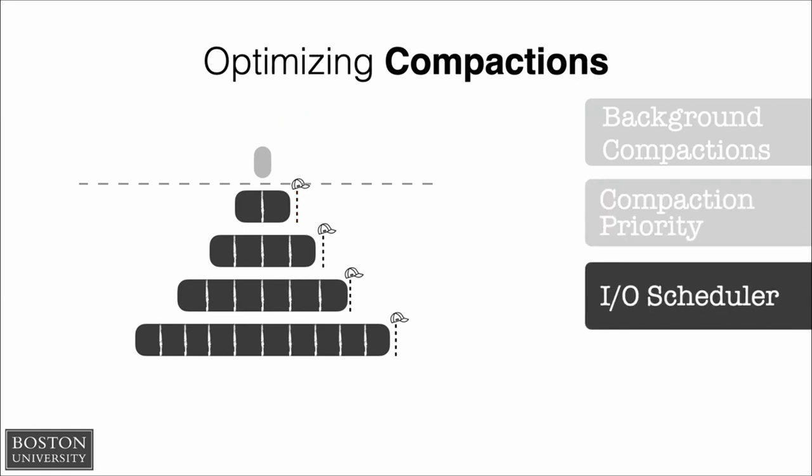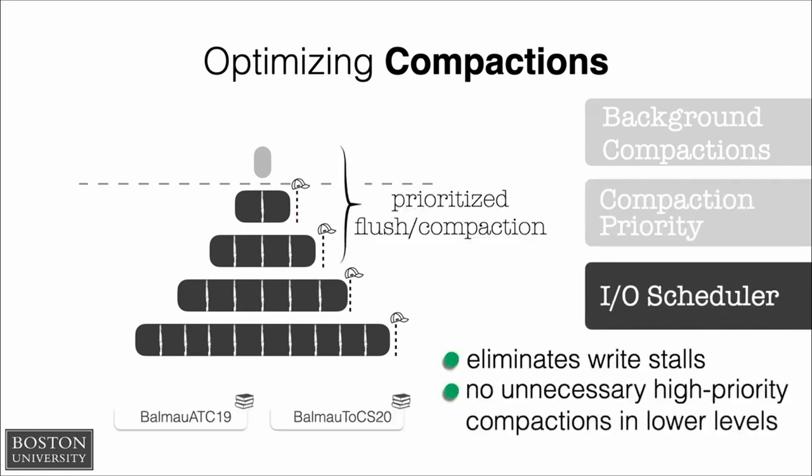And third, we have an IO scheduler. This work was proposed by Balmau et al. The idea was that instead of allowing the different operations of the LSM to use the bandwidth as they want, they had an IO scheduler that partitioned the device bandwidth and assigned different parts of the bandwidth to ingestions to the database, flushes from the mem table, and compaction.